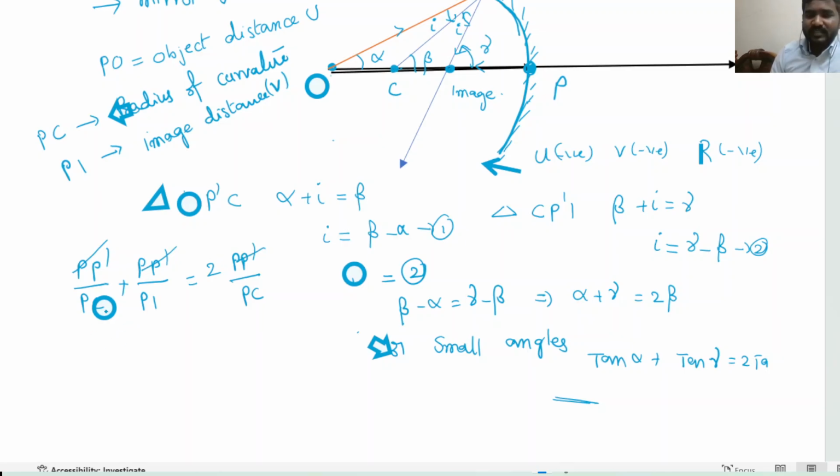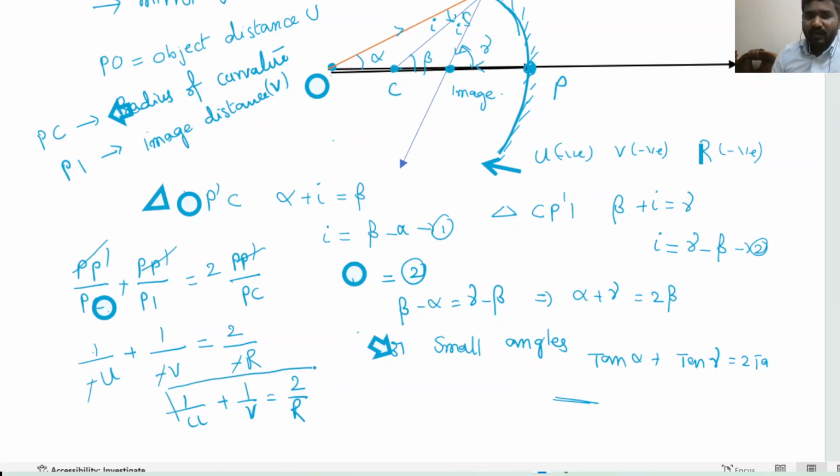So PO, the distance between pole and object, is the object distance, taken as minus u, plus 1 by the distance between pole and image, taken as minus v, equals 2 divided by the distance between pole and center of curvature, the radius of curvature, minus r. All sign conventions get cancelled. Therefore, the final answer is 1 by u plus 1 by v equals 2 divided by r.